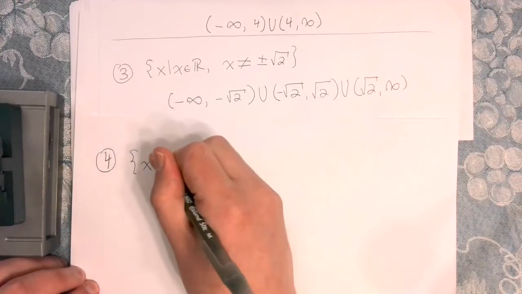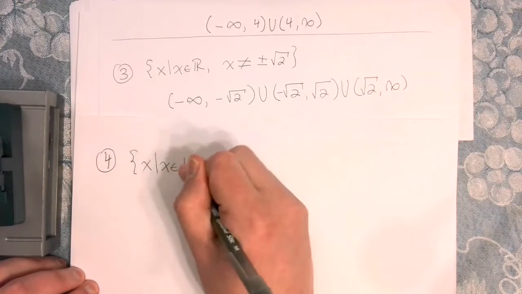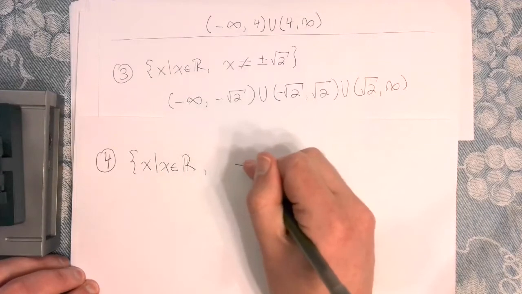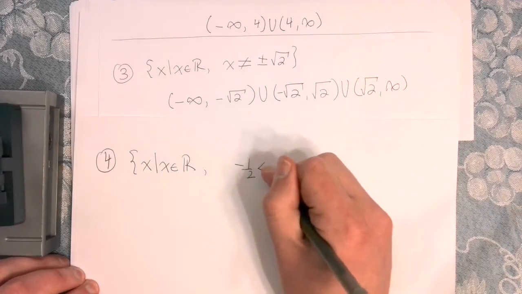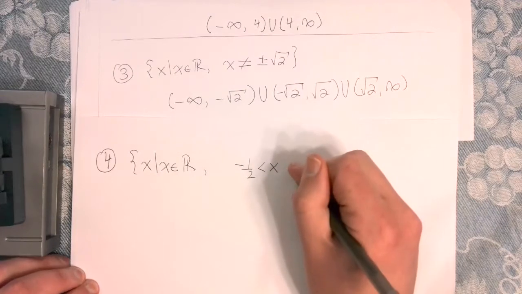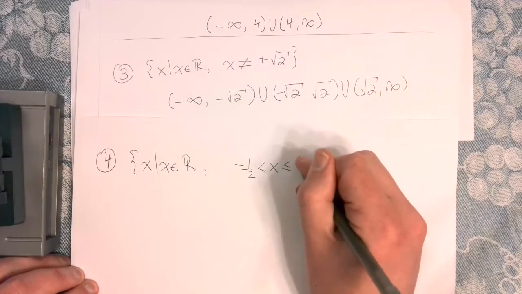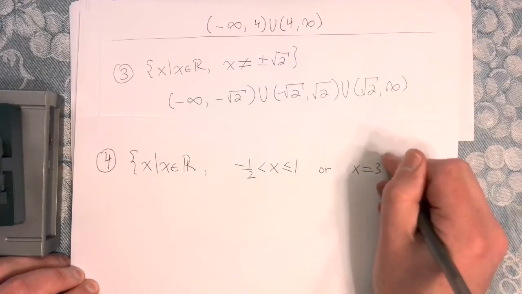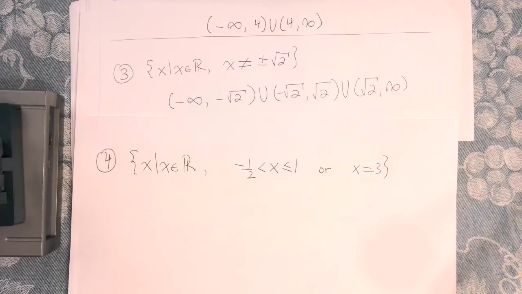So let's say we've got the set of all x's such that x is real and x is strictly greater than minus 1/2 and x is less than or equal to 1, or x equals 3.